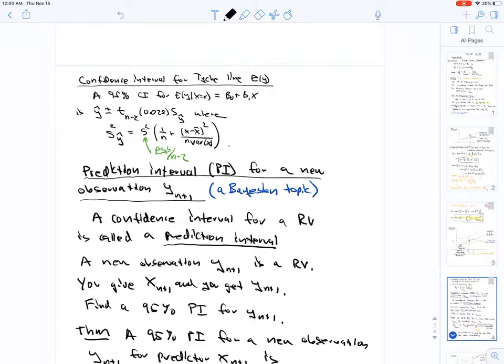So a new observation y n plus 1 is a random variable. You give a new observation x n plus 1, and you get out a new response. So we're going to find a 95% PI for y n plus 1.